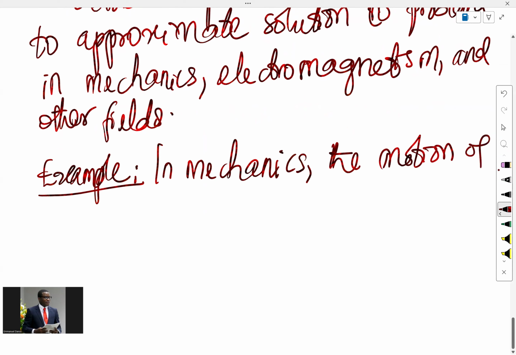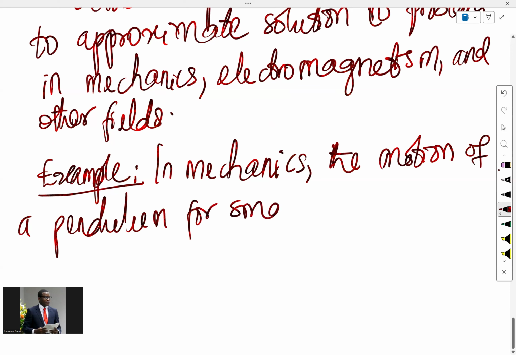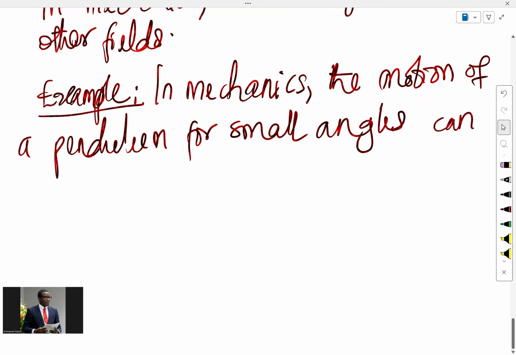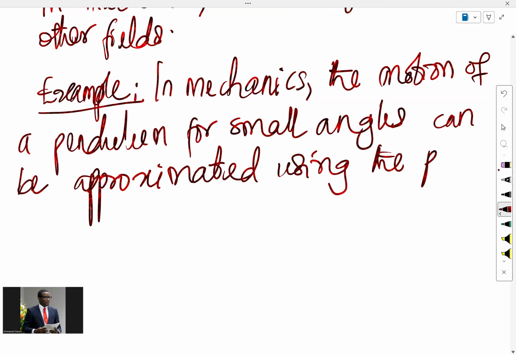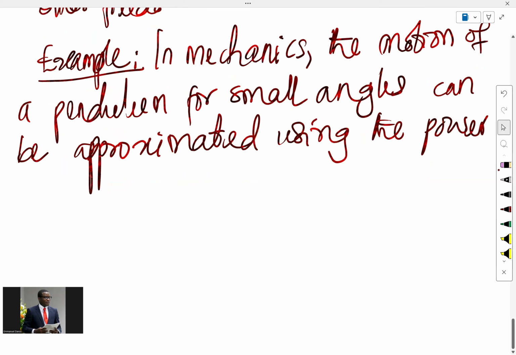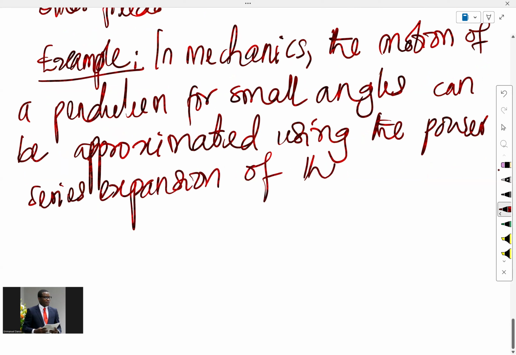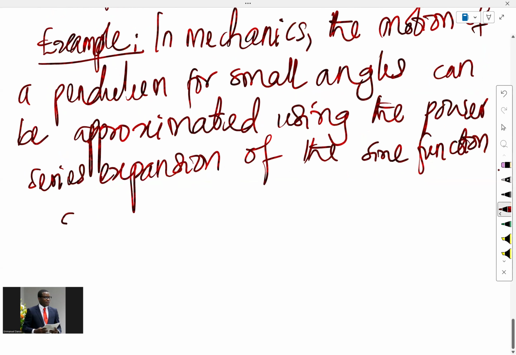The motion of a pendulum for small angles can be approximated using the power series expansion of the sine function, which we have come across a couple of times.